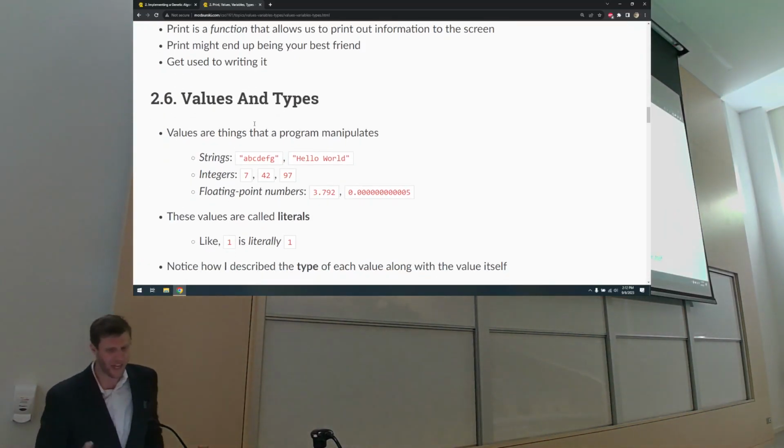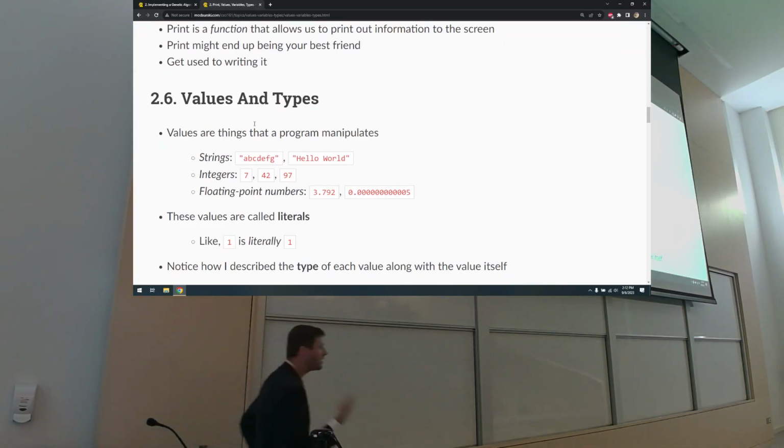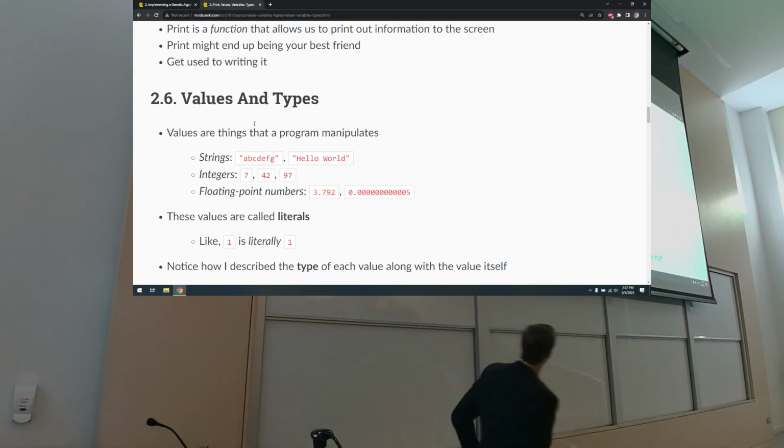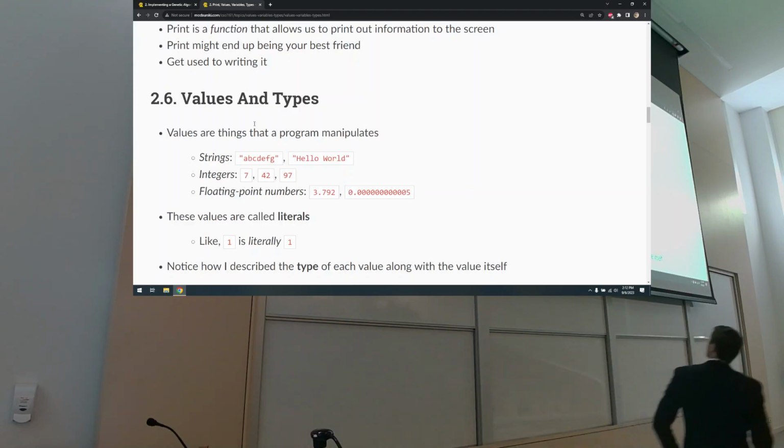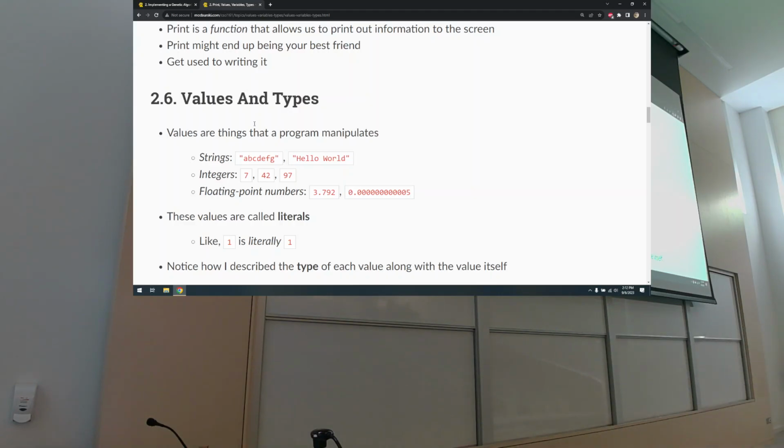So the things that we're going to be manipulating and playing with in our code are the values. We saw strings like hello world or A, B, C, D, E, F, G. They're in quotes. Things in quotes are strings. Integers, 7, 42, 97, those are called integers.